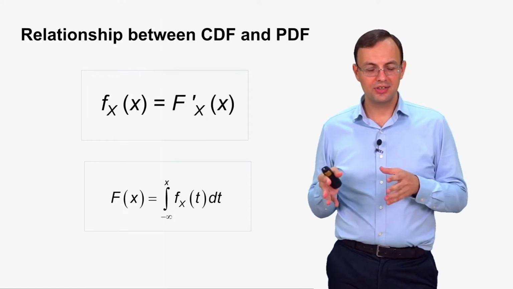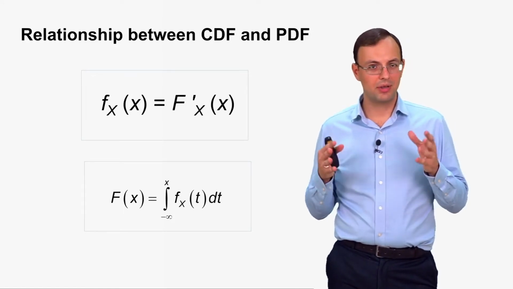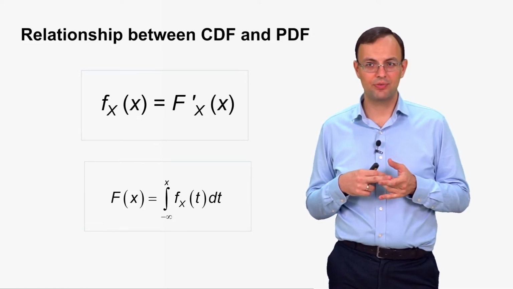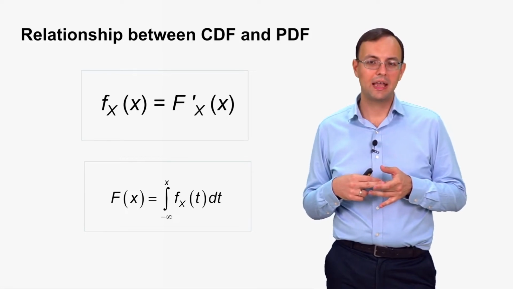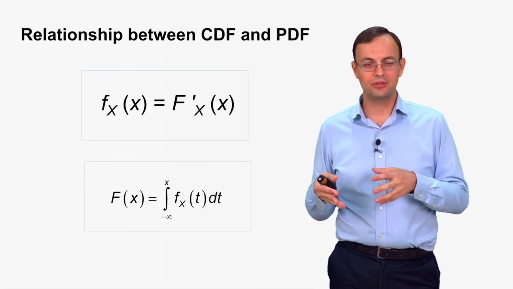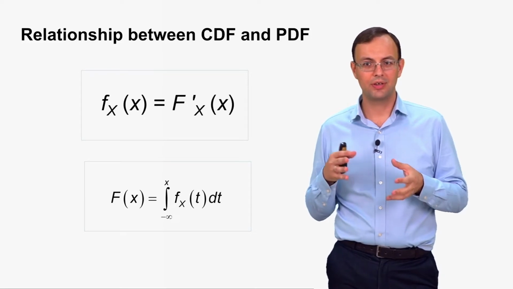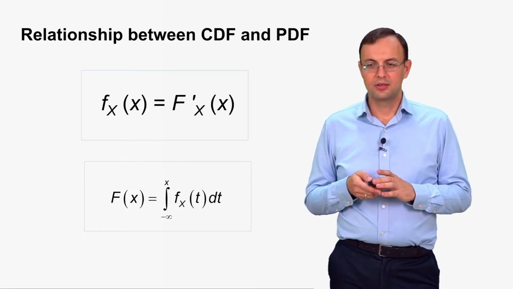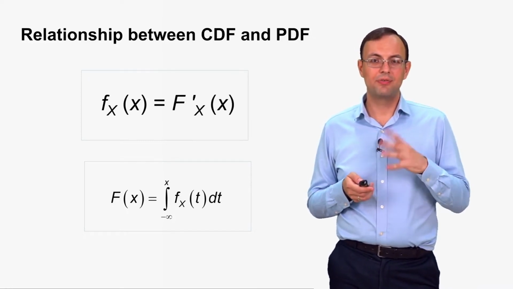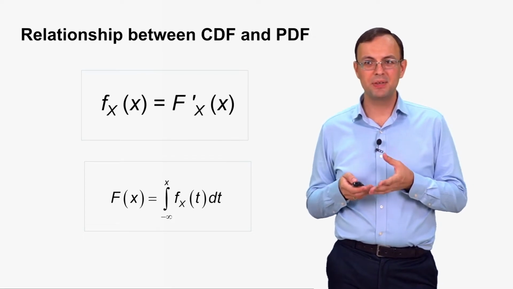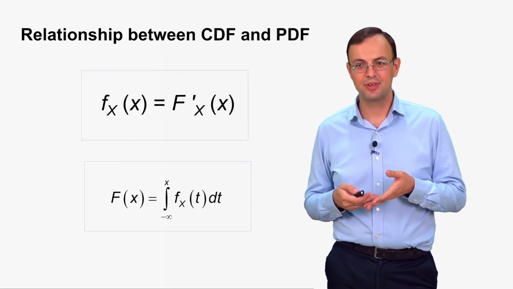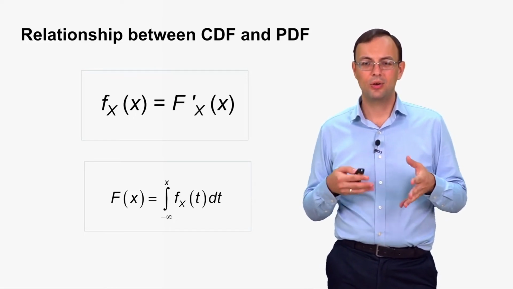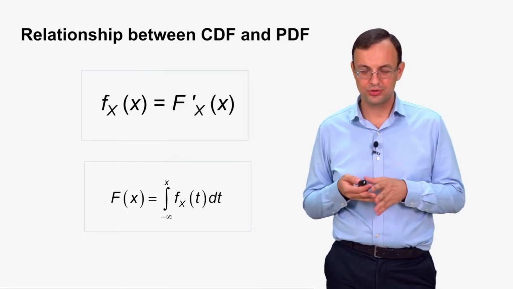As for continuous random variables, everything is very simple. The PDF is the derivative of the CDF, and the CDF in its turn is an integral of the PDF, as you can see. So it is very easy to get a PDF when you have the CDF, and a little bit more difficult to do the opposite operation, but still usually it is possible.